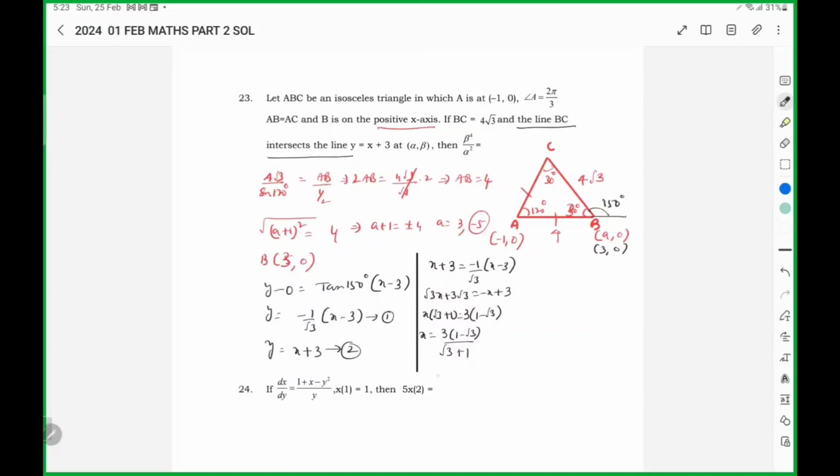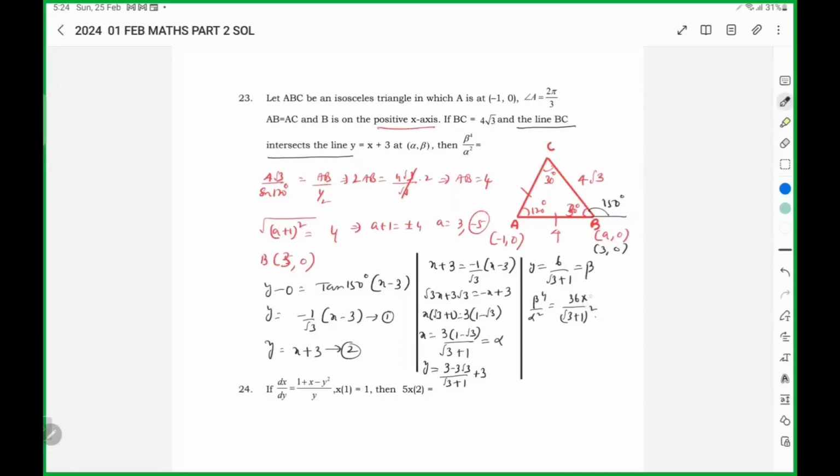So once x is this, y will be x plus 3, that is (3 minus √3) by (√3 plus 1) plus 3. So 3√3 gets cancelled, 3 plus 3, y will be 6 by (√3 plus 1). So this is our beta. Here it is alpha. So beta power 4 by alpha squared. 36 by (√3 plus 1) whole square is beta square.